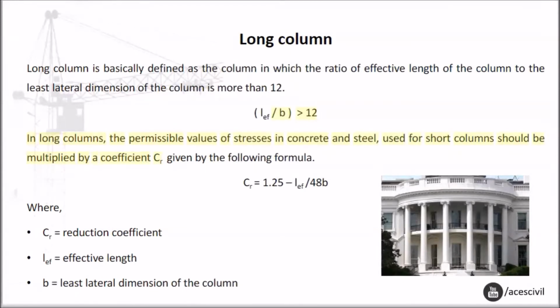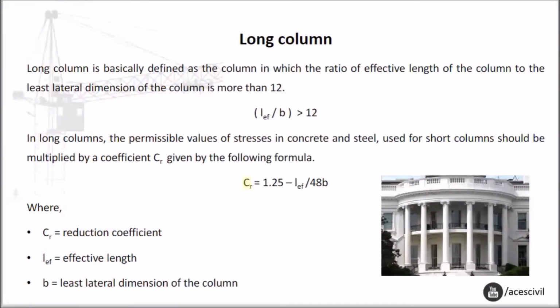The permissible values of stresses in concrete and steel used for short columns should be multiplied by a coefficient CR, given by the following formula.